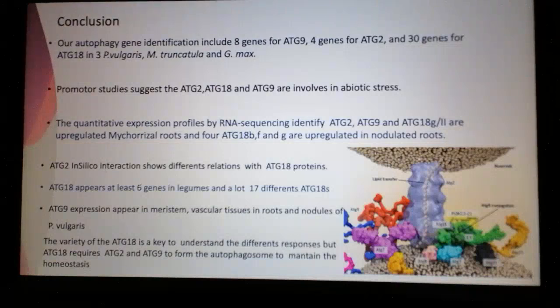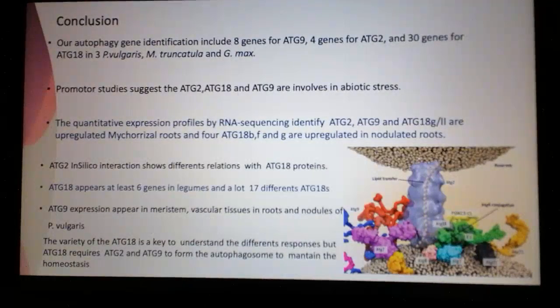ATG18 appears at least 6 genes in legumes and a lot of 17 different ATG18s. ATG9 expression appears in meristem and vascular tissue in roots and nodules of Phaseolus vulgaris. The majority of ATG18 is a key to understand the different responses, but ATG18 requires ATG2 and ATG9 to form the autophagosome to maintain the homeostasis.